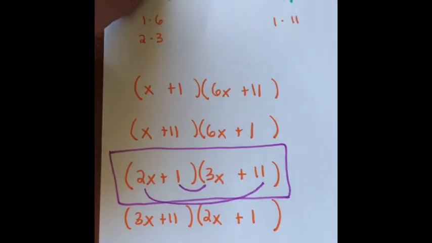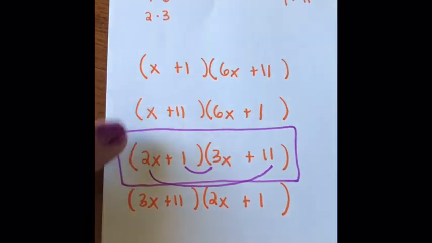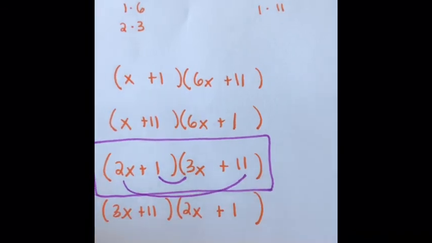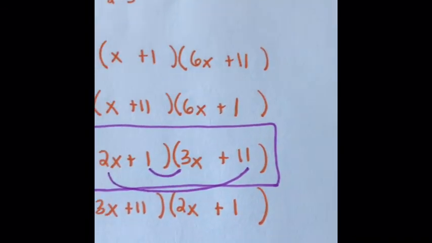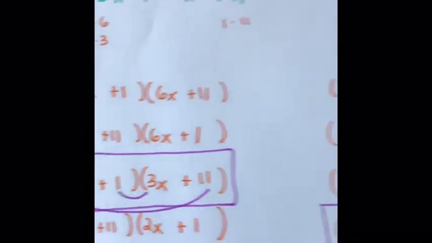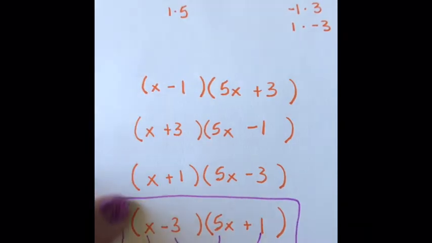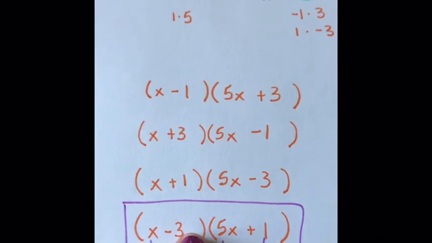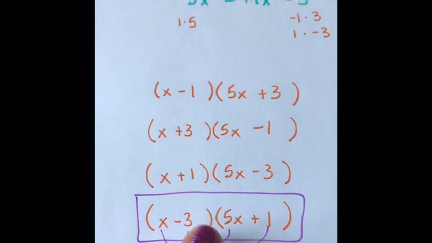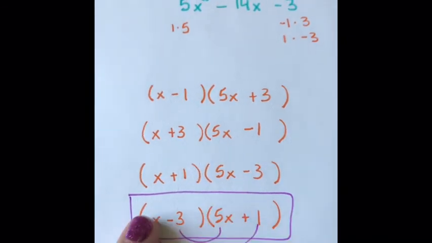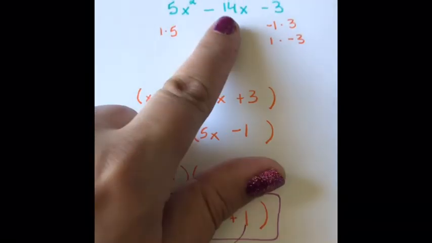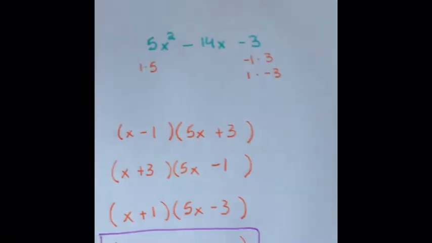The more you practice with guess and check, you don't need to write all of the options out. You're going to start just visualizing it and probably getting to the answers pretty quickly. And for this one, I wrote out all the options, it ends up being this one, because -3 times 5 is your -15, plus your 1 gives you -14.